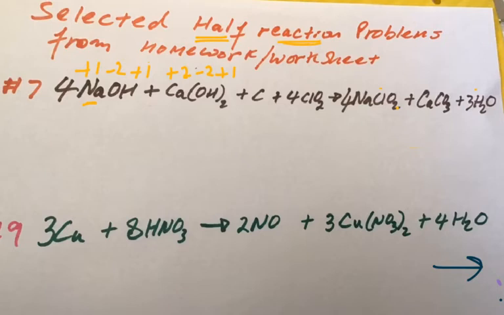So that's calcium hydroxide. Now, this is carbon by itself, and that should be easy. If the element is uncombined by itself, neutral, what's its oxidation state going to be? Yes, it's going to be 0. Okay? Alrighty, moving on. We have ClO2 right here, chlorine dioxide.